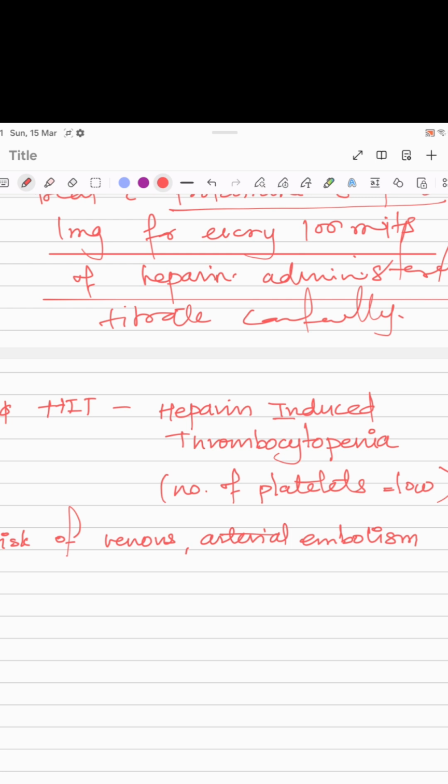When the number of platelets becomes low, the patient may develop heparin-induced thrombocytopenia. If the patient is on heparin, only then can HIT happen.